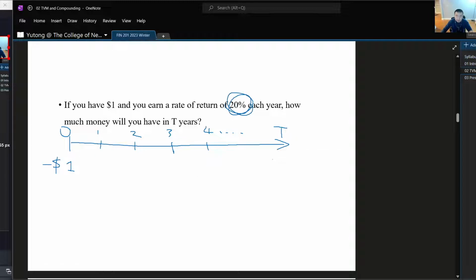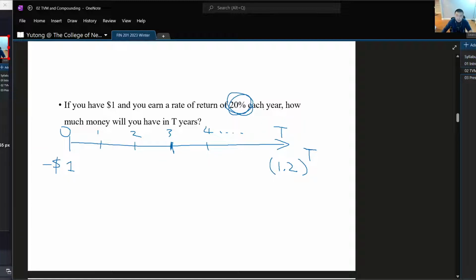If I put $1 in, I should get 1.2, 1 plus 20%, which is 1.2, raised to the power of t. I should have this amount, okay? Okay, so this is the future value, okay?